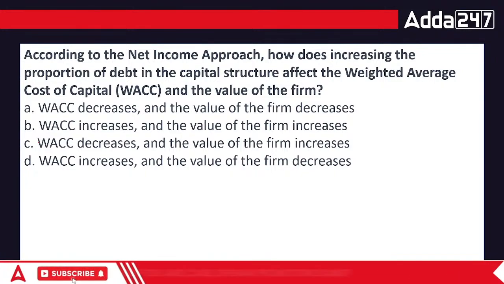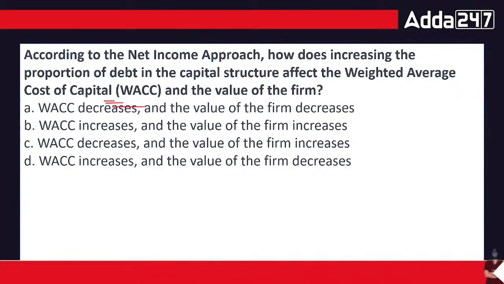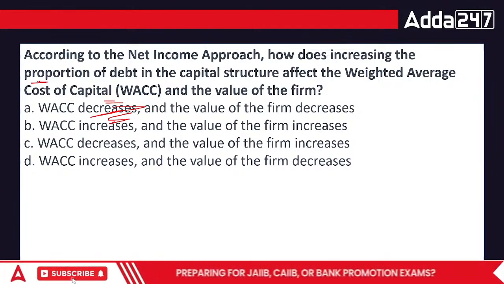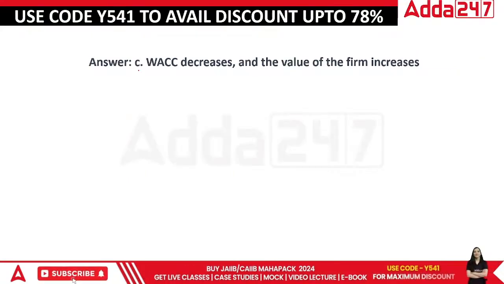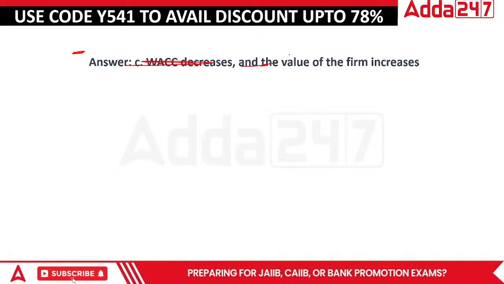The net income approach is the one in which we are trying to find out what is the exact income that we are receiving. So if your proportion of debt increases, if the debt takes away all our money, then what will happen? Our WACC will decrease, while the value of the business firm increases.